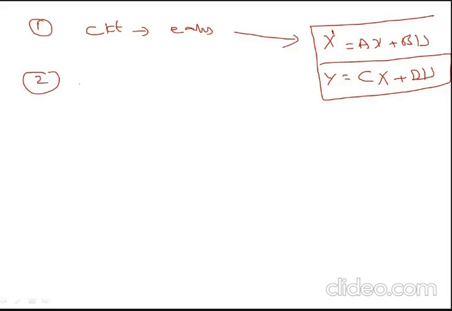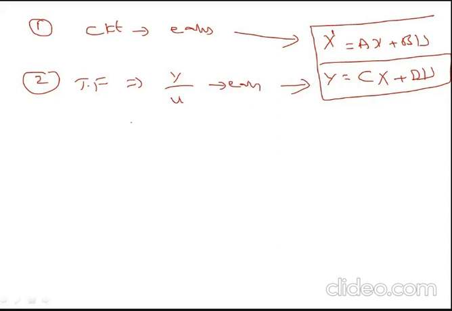And now if he has given a transfer function, then rearrange the terms, cross multiply y by u, convert into equations, and then once again write in the form of a matrix.